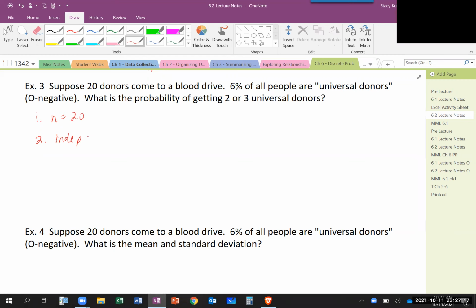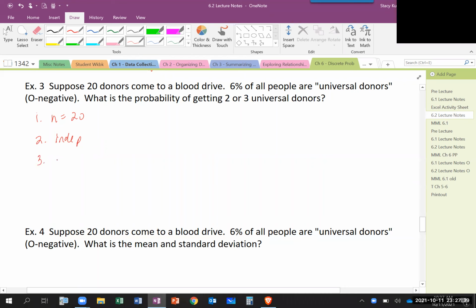Okay. Are there 2 outcomes? No. Well, no, I know why you're thinking no, but yes, because of what I'm asking. Yes, there are more than one outcome as far as blood types. That's not what we're asking.